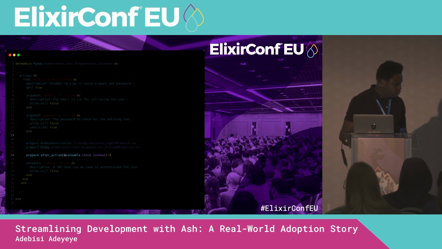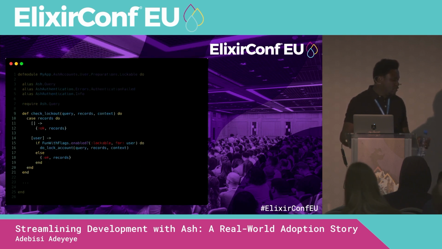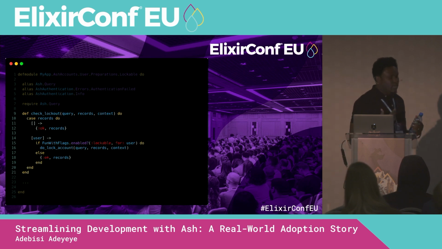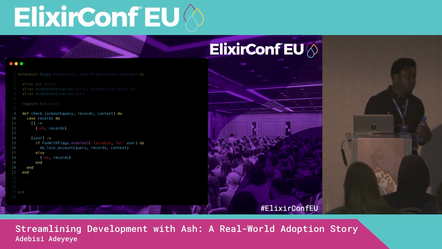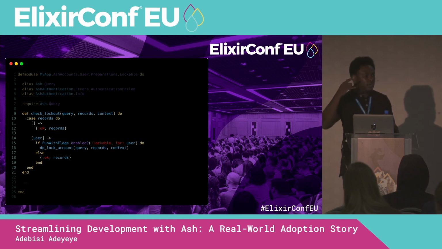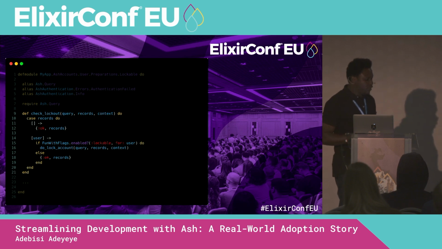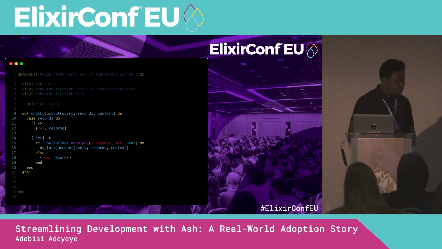You notice here that we are passing the check lockout function to the after action, and this is the definition of the check lockout function. Usually the check lockout function receives three arguments: the query that was run at the beginning of the action, the results of the action so far, and the context in which the action is run.